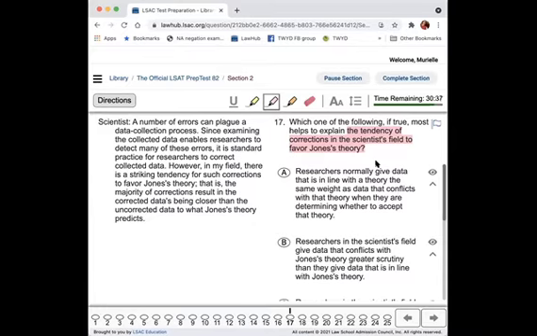I don't really need to waste my time doing that. I'm more concerned with structure. Same with when they ask what role is being played, that's a structure question. If I'm being asked what the method of reasoning is, or the question stem might say the argument proceeds by, and then just leave me there, that one's also a structure question.